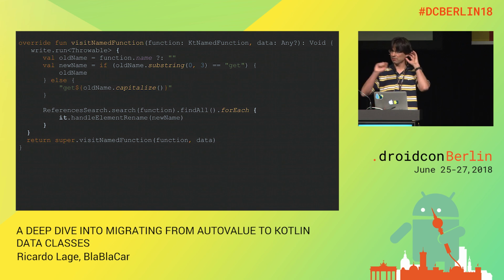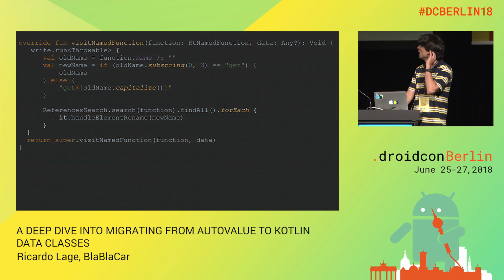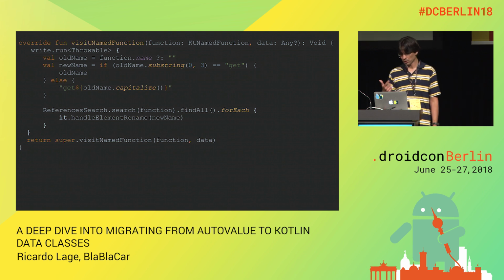Since we are changing, we have an abstract method, for example, named age, and we want to make sure that the Java callers are now changed to getAge instead of just age. So here's what's happening. We use this reference search to find the usages of this function, and then for each user of this function, we call this handle element rename to rename it to getAge instead of age.